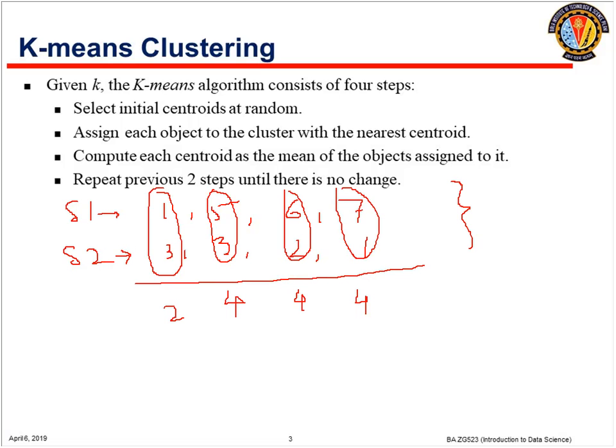So the centroid will be 2, 4, 4, 4. This will be your centroid. Is it clear? It doesn't matter how many dimensions you have.